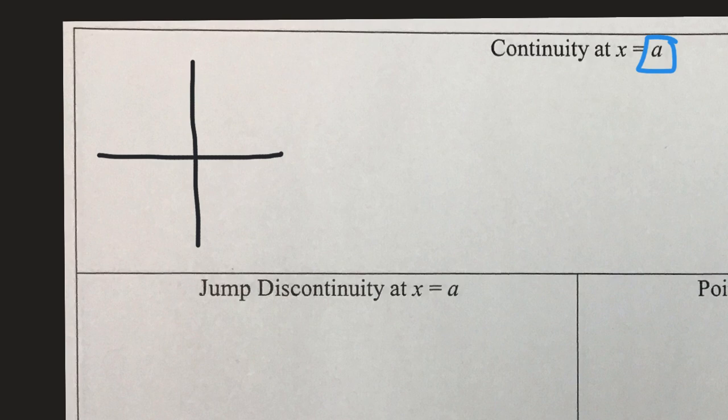Okay, we're going to call this point some random point A, so we have the point A. So if our graph is continuous at some point A, let's see what actually is happening at that point. Okay, so three things are happening.